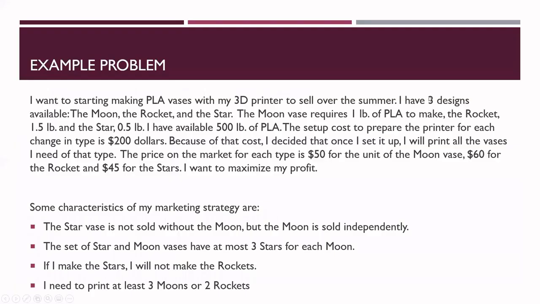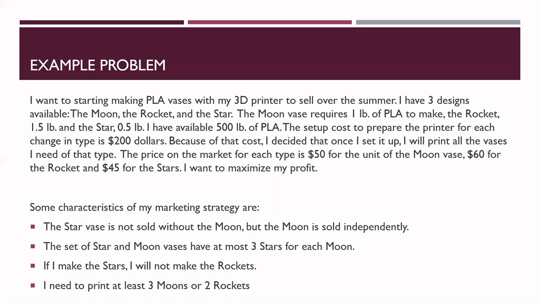So the problem is that I have a 3D printer and I want to use it to make some plant vases made of PLA. And I have 3 designs to choose from: the moon, the rocket, and the star. Each type of vase will require some amount of material to be made, and I have a limited amount of resource available.